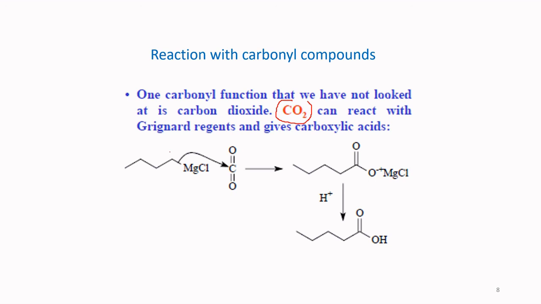In this case, the R minus here will attack this carbon, and the electron of the pi bond will move to the oxygen, and then it will give you O minus here. This O minus will abstract this proton, and it will give you a carboxylic acid.